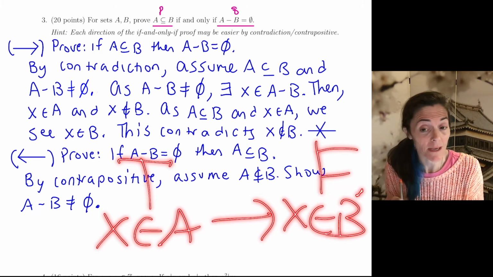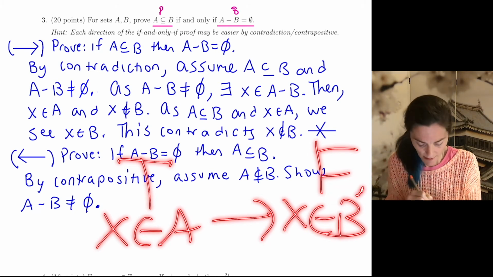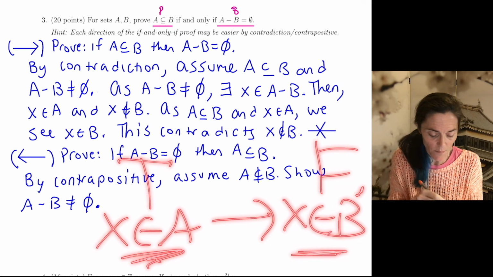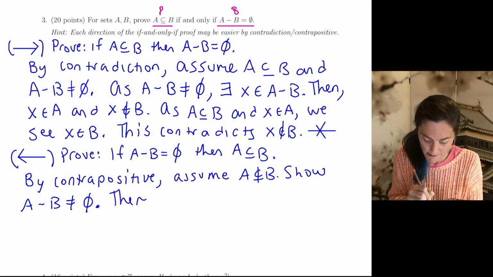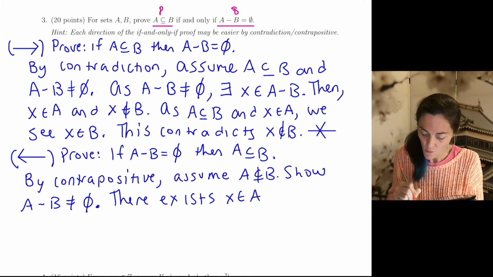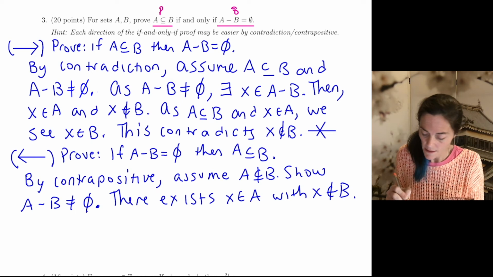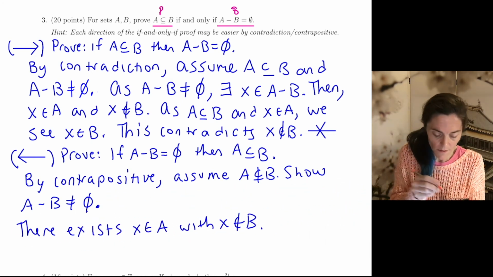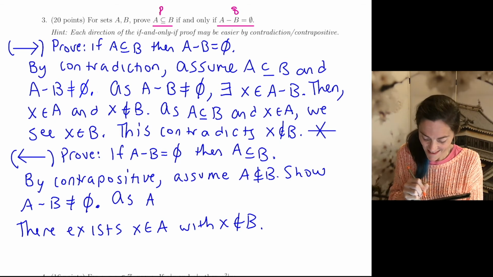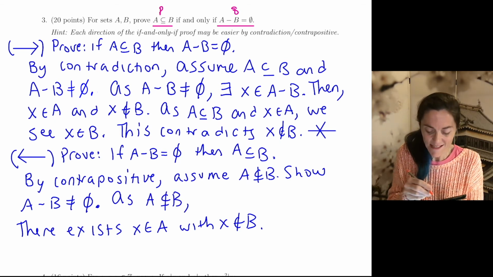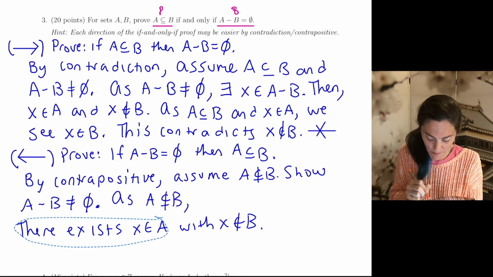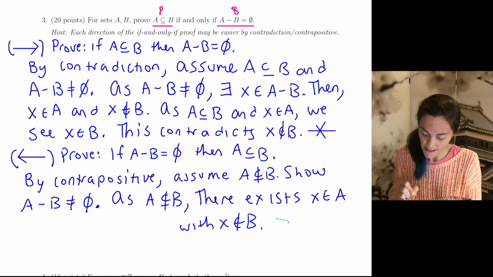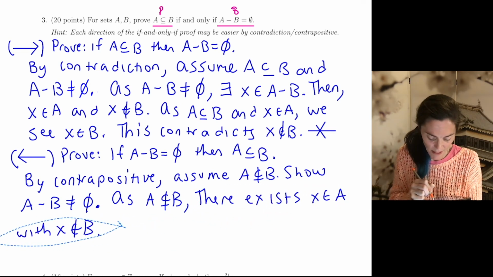And so this is precisely the meaning of A is not a subset of B. Namely, there is an X in A such that X is not in B. So there exists X in A with X not in B. And if I want to make myself slightly more clear, I will just add above. So as A is not a subset of B, this is what I was just verbally saying, but it's nice to have it in a sentence. There exists an X in A with X not in B.